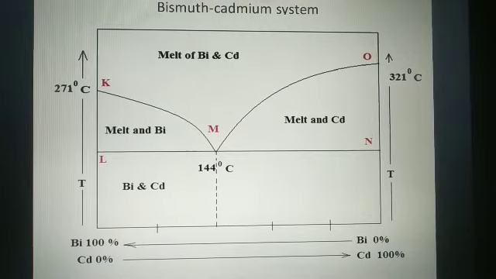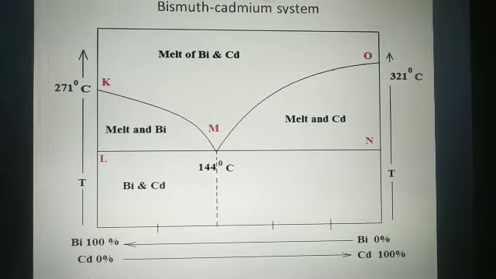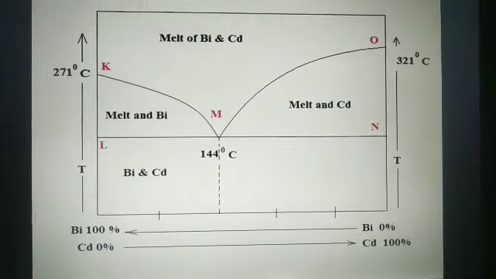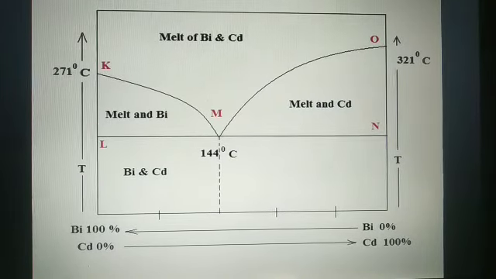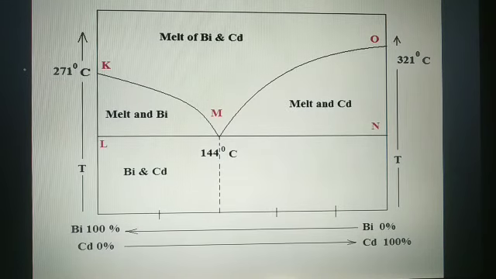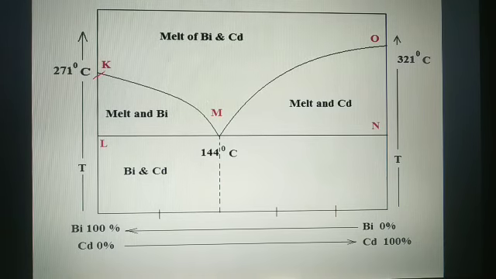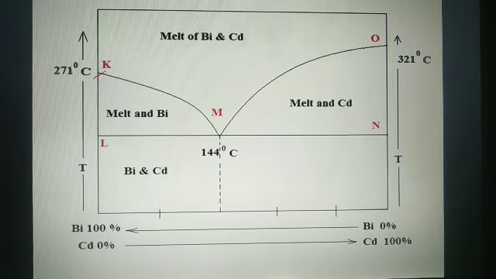So for the bismuth cadmium system, let us discuss how we can explain the various terms. I will start from one end. 271 degrees Celsius is the melting point of bismuth, because bismuth is 100% here.